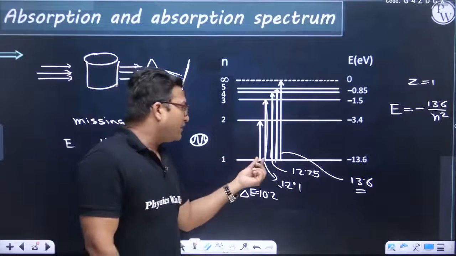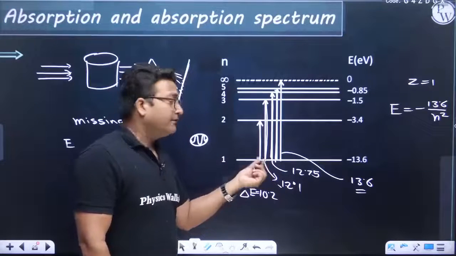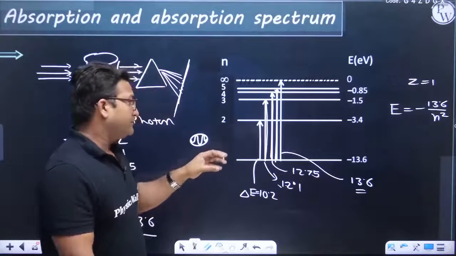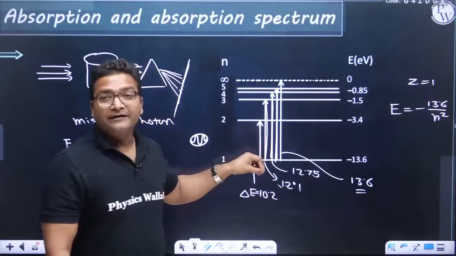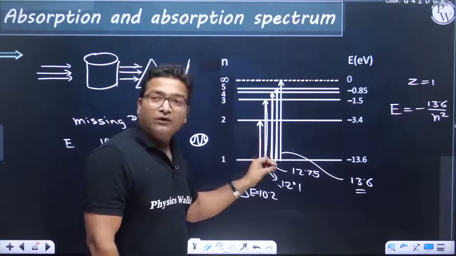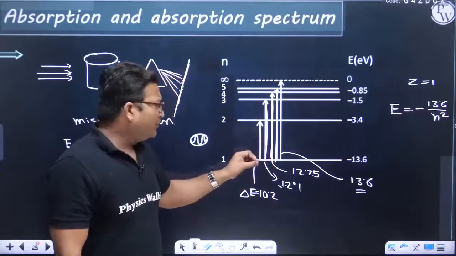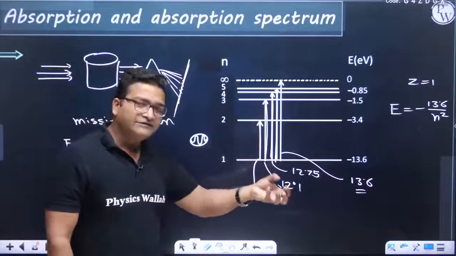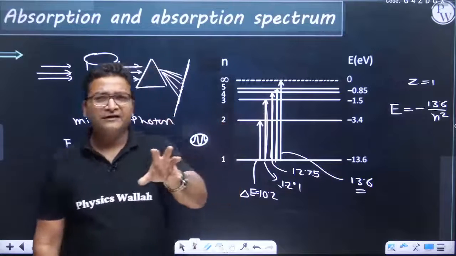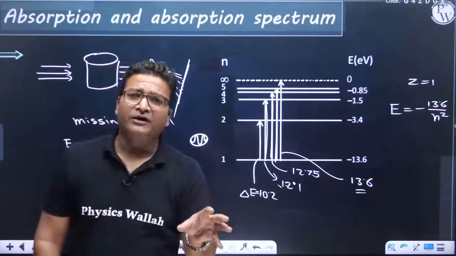So if the electron is in the ground state, only then does it grab energy from a photon, because it is the electron that grabs energy from the photon, and the electron always remains in the ground state. Suppose because of energy absorption it goes to some excited state, but it stays there for a very negligible amount of time.